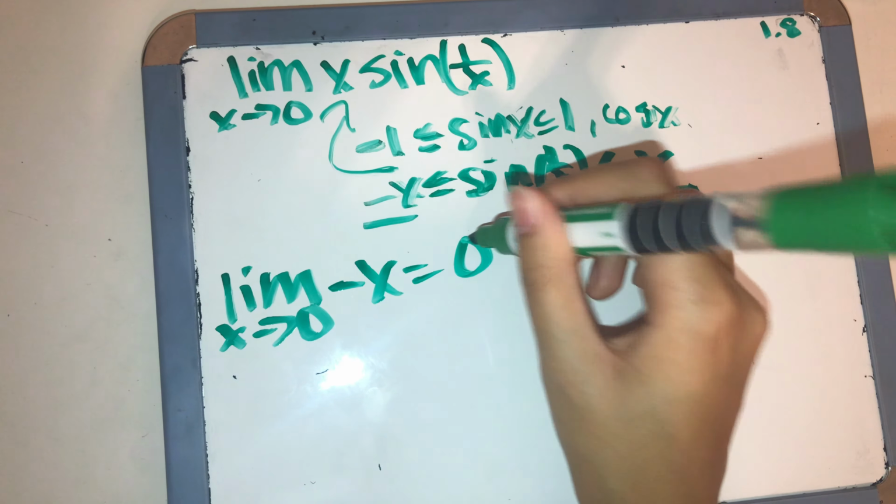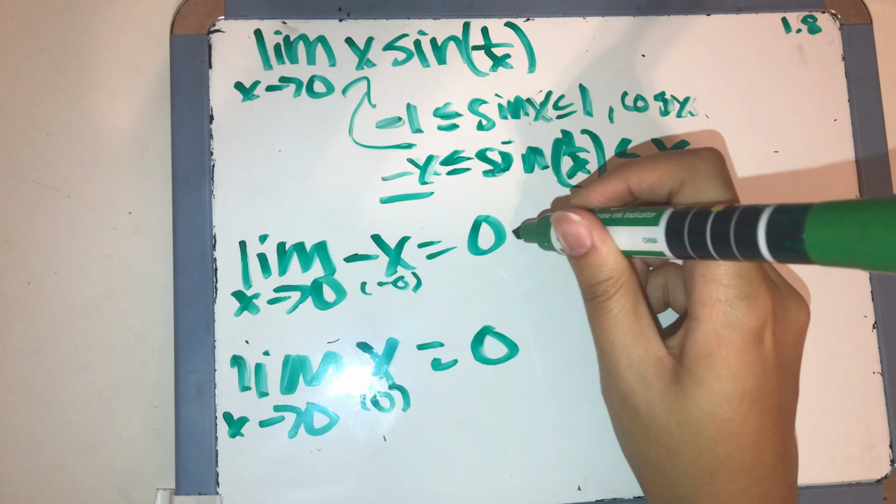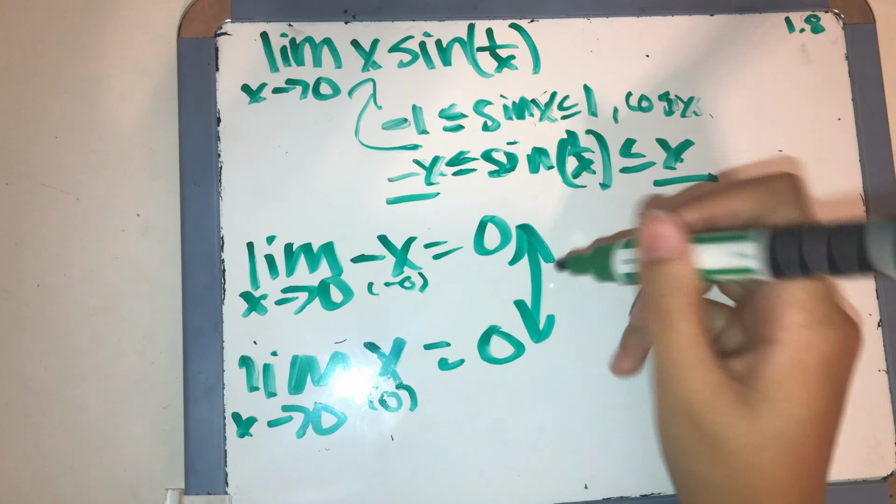Now the next one is positive x. We did -x, now we're doing positive x. Positive x equals 0 because when you replace x with 0, it equals 0. Even if it's negative, it does not matter, it's still 0. Now these two have the same answer.